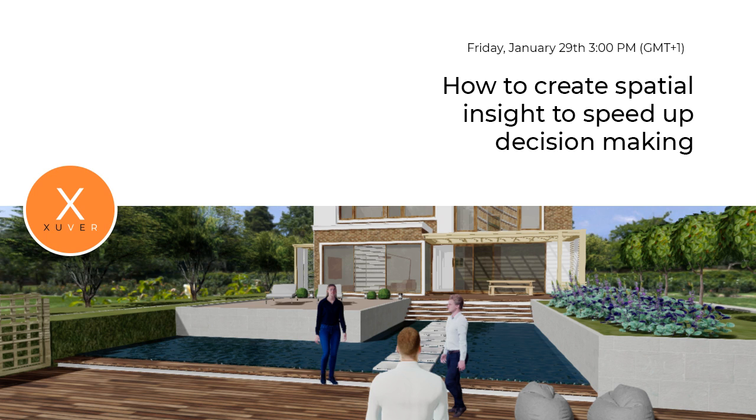Today we talk about an option you can have in Xuver, which hopefully will help you speed up decision making. We will talk about a solution you have while discussing a problem, for example, discussing a problem with a construction company, or even for yourself, self-checking the project and analyzing it.